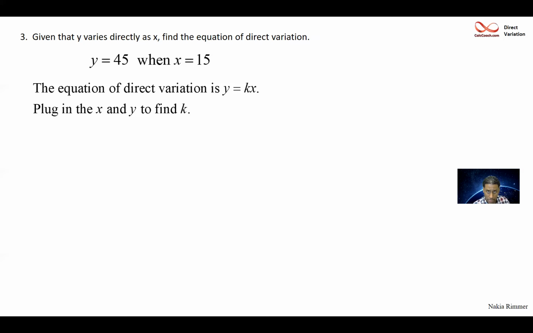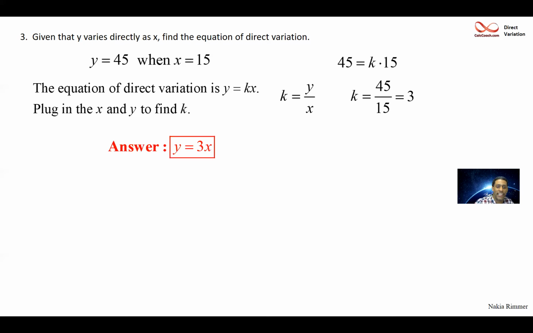And our job is to plug in the x and the y and find out what the k is. It's doing the same thing we were doing before, but now it's in equation format. We don't have the table. So it's our job to divide 45 by 15 to get the ratio. 45 divided by 15 is exactly 3. So the equation is y equals 3x.